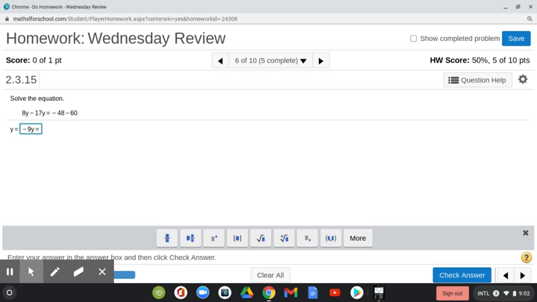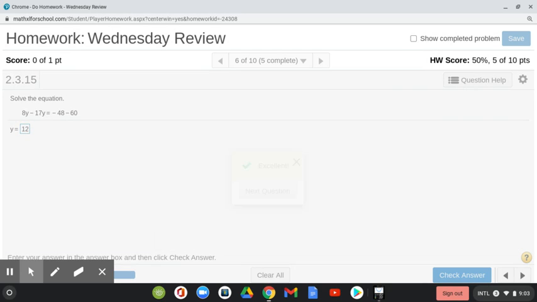And that is equal to negative 48 minus 60 is going to be negative 108. So I need to divide that by 9. And I divide by negative, so it ends up being a positive number. And then 9 goes into 108. 10 times is 90, and then I have 18, so 12 should be my answer.